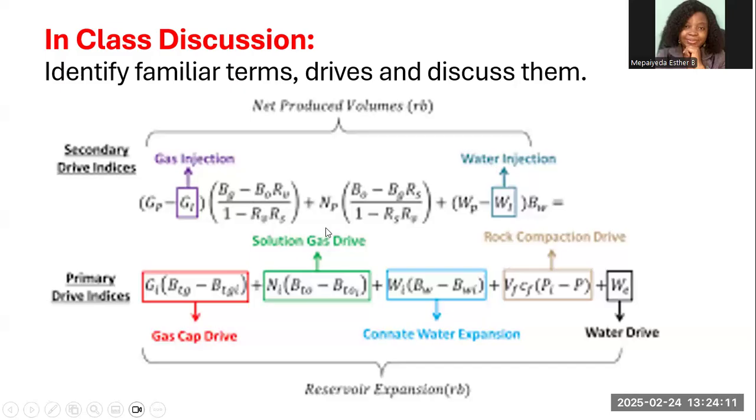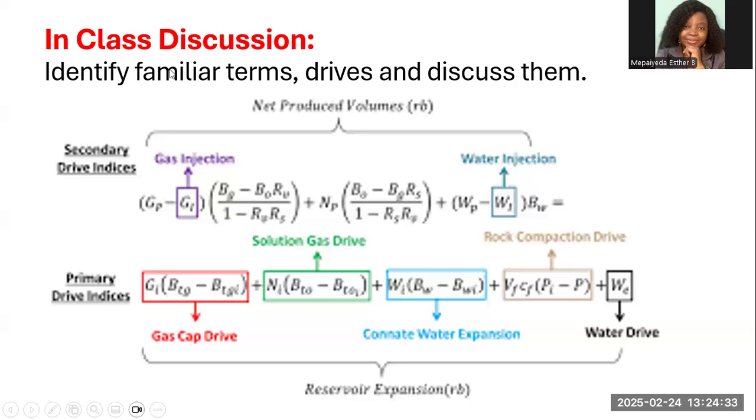We treated all of this in part 1 to part 3 of the video, so you can avail yourself of the videos on the channel. Go back and watch them. The primary drive indices are your solution gas drive, connate water expansion, and rock compaction drive.